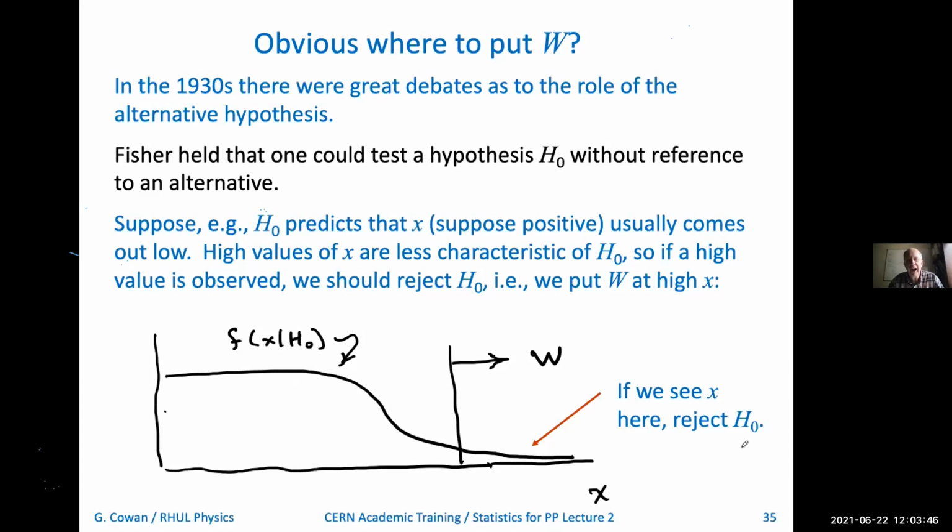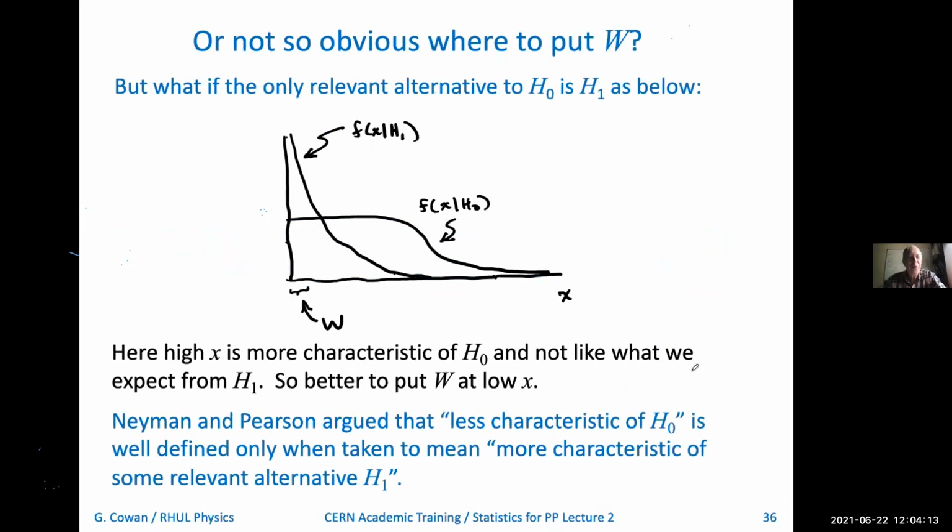It's very rarely high. And so Fisher would look at this and he would say, I don't need to talk about an alternative. I can just look at this and tell you that a critical region should be off to the right. Or equivalently, you would say that if you observed a certain value, you would take your region of equal or lesser compatibility to be off to the right. Do you agree? Good, you're not saying yes. I don't think so, actually. Yeah, exactly. Because I don't agree.